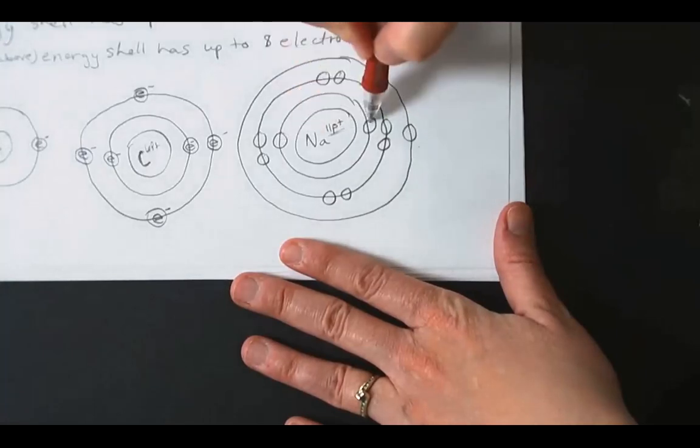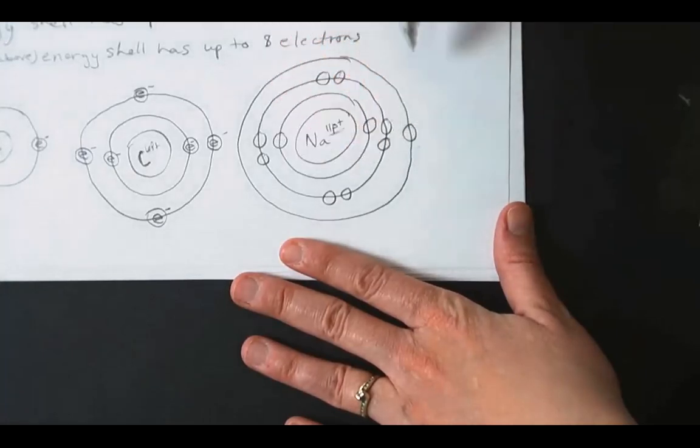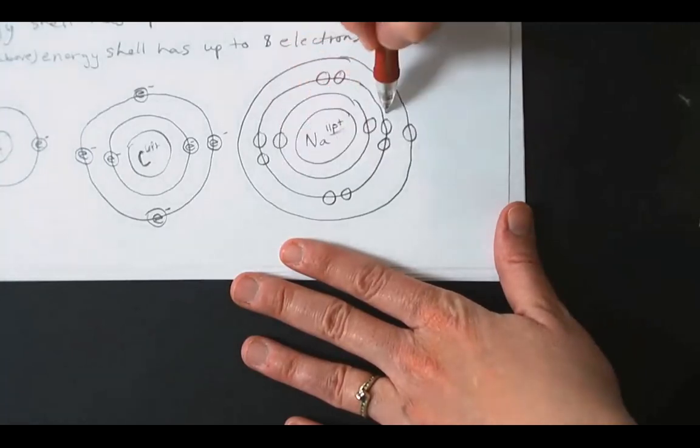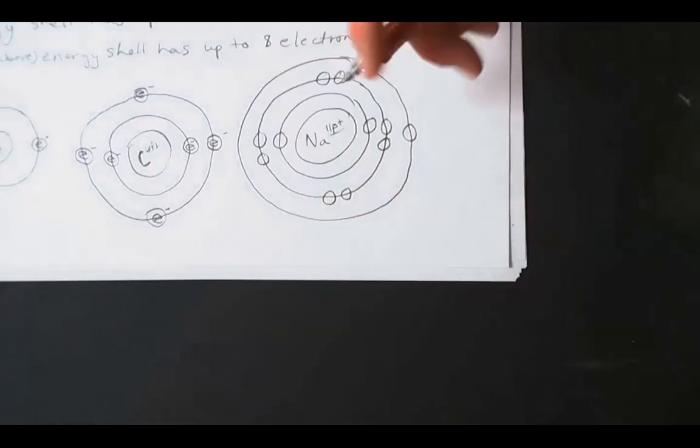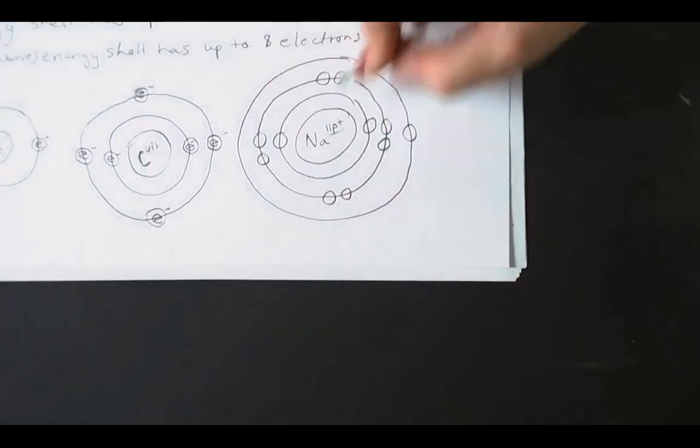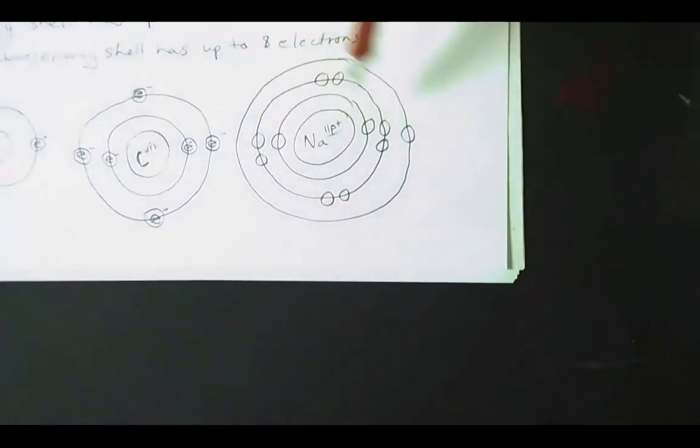We can have 2 in that first shell, up to 8 in any shell after that. So once you get the 8 there, anything left, you'd have to do more shells. So we can see that when we're looking at our little dot diagram that we're drawing for our electrons, it can hold up to 8. So hopefully that makes sense.